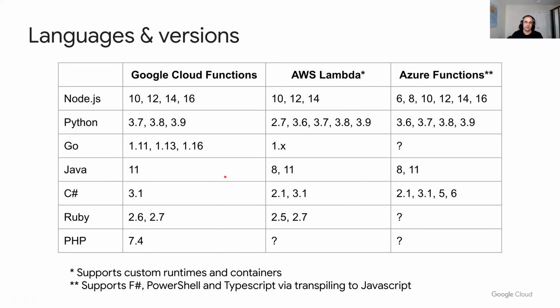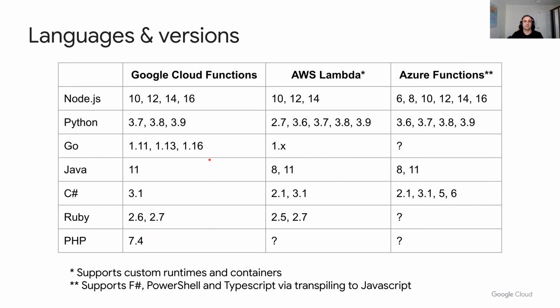And as you see, there are differences, right? Maybe Java 11 is supported on Google Cloud. I think now we have 17, so I should add 17 here. Lambda has 8 and 11, and so does Azure. PHP is on Google Cloud, but on Lambda and Azure, I don't think there is PHP support. Maybe there is in some other ways, but not natively when I looked at it.